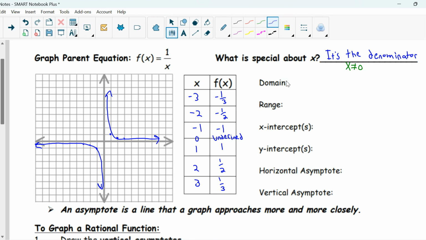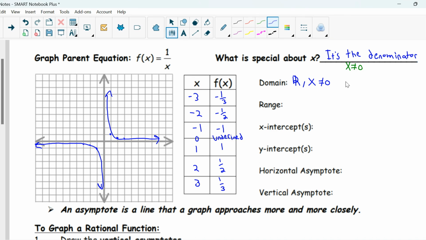So first of all, the domain for this graph is essentially going to be all real numbers besides 0. So how you'd answer that would be all real numbers except x cannot equal 0. Because as you head in the negative direction, we have our function. And as we head in the positive direction, we also have our function.